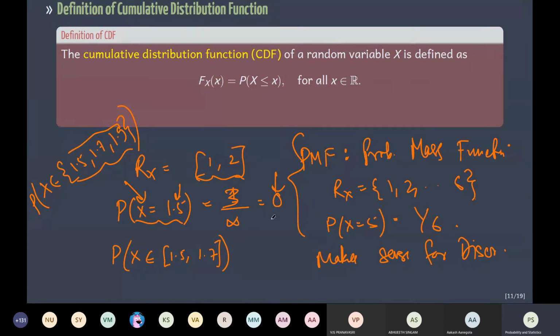So we need something different if we want to go into continuous probability. You can think of the cumulative distribution function as a tool that allows you to study continuous cases, continuous random variables. What will make sense is something that is measurable, has some length.